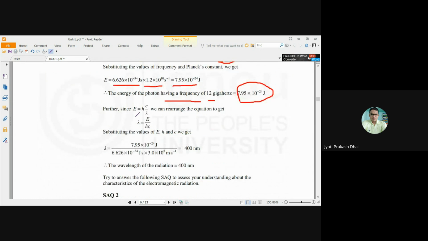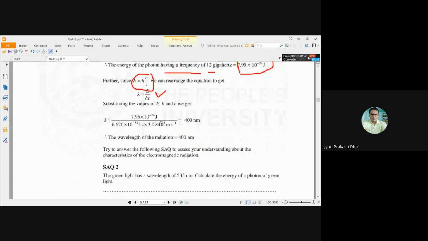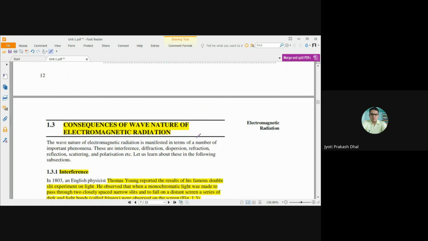Further, since E equals hc by lambda, we can rearrange to lambda equals hc by E. So lambda equals Planck's constant into c, the velocity of light, divided by 7.95 into 10 to the power minus 24 joule. Calculating this, lambda is 400 nanometer.